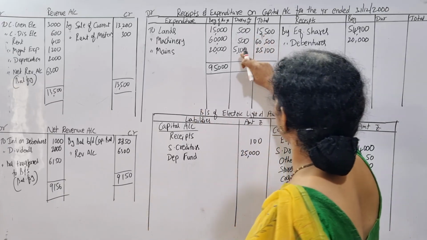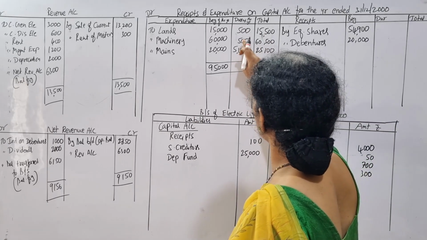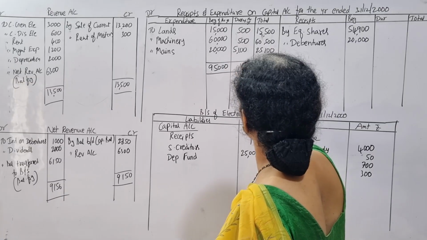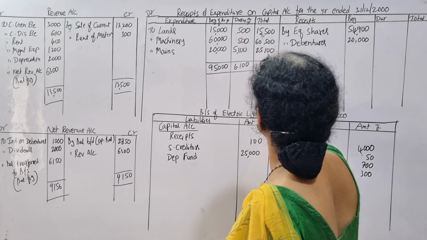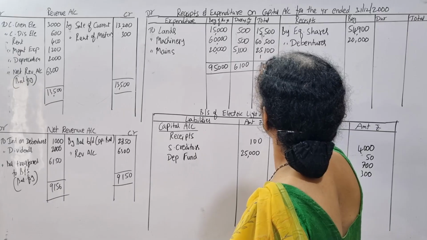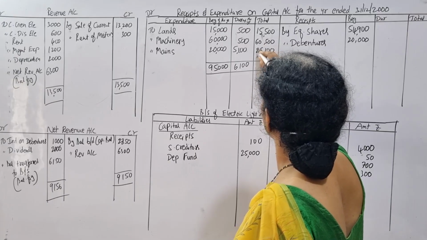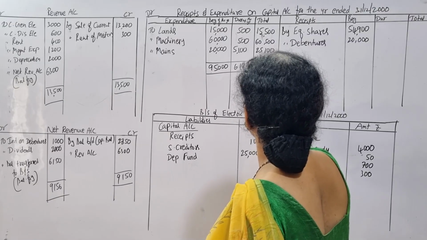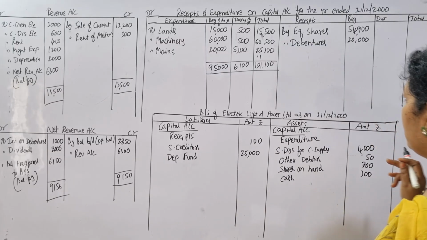Next 50, 10, 11, 6,100, and here it is 100, 1, 6, 7, 8, 9, 10. 1,01,100.